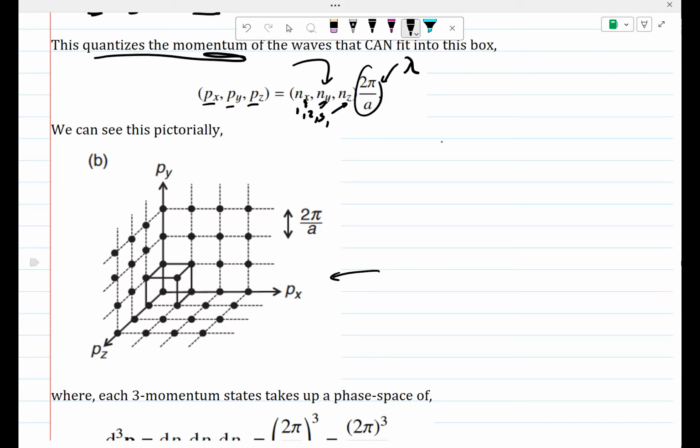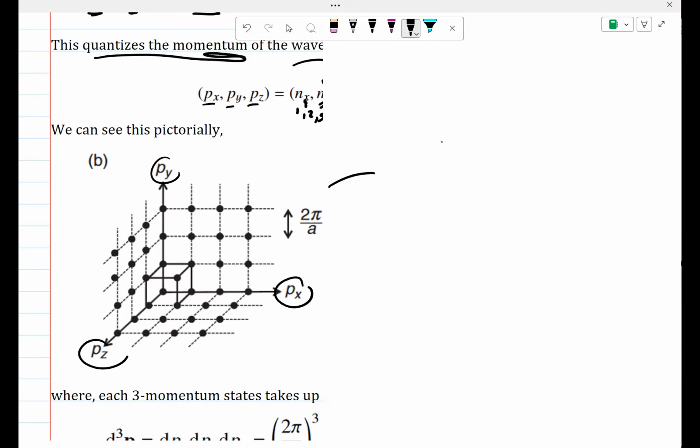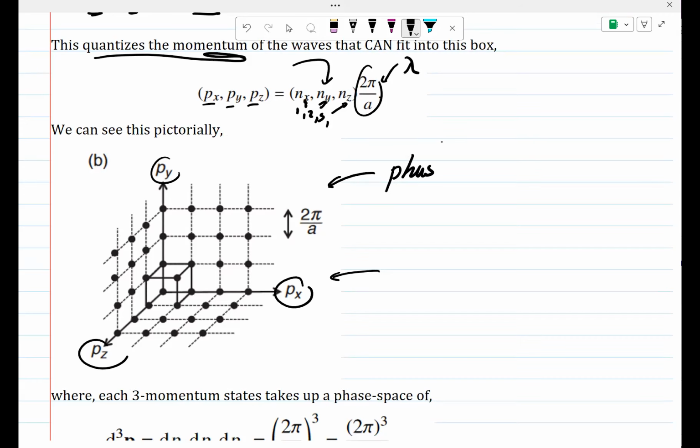But this also implies that these waves can be shifted: instead of thinking about it spatially, you can think about them in terms of this momentum space instead, okay? And this is what we're going to call phase space.